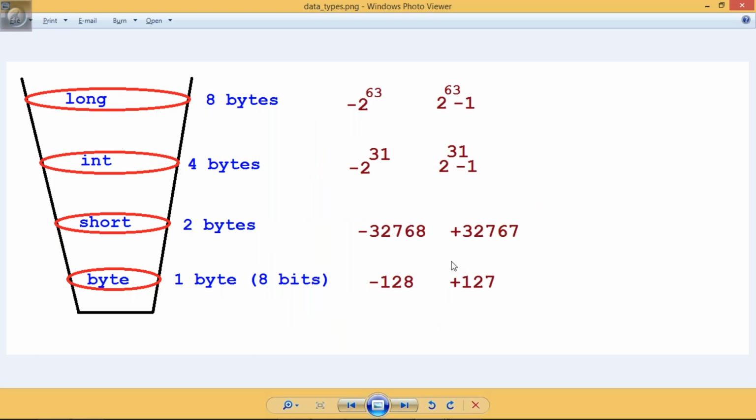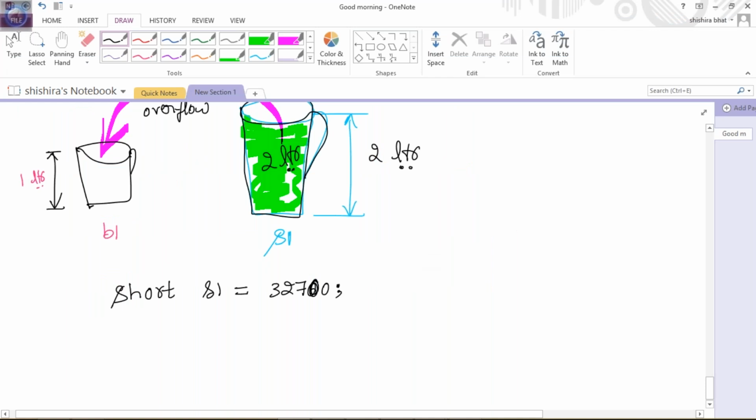Right, short capacity is 32767. Okay, but I'm taking it as 32,700. It means to say S1 is a variable. Data type of that variable is short. Short means 2 bytes of capacity. And full with water, 32,700. That's the water. That's the data which is stored there.